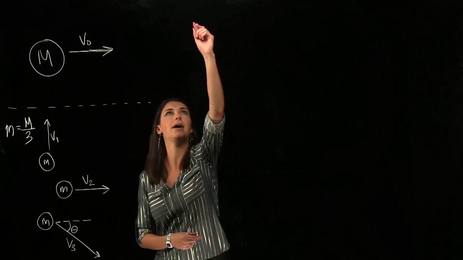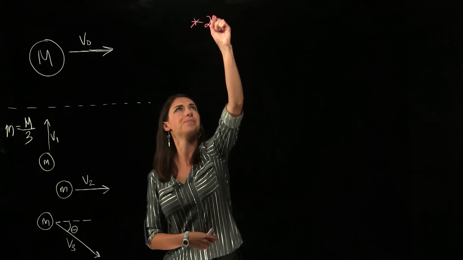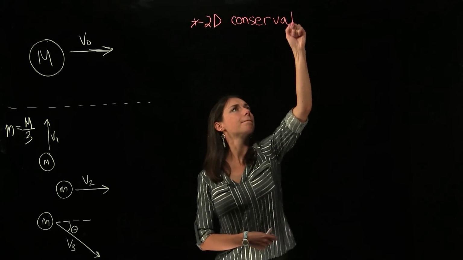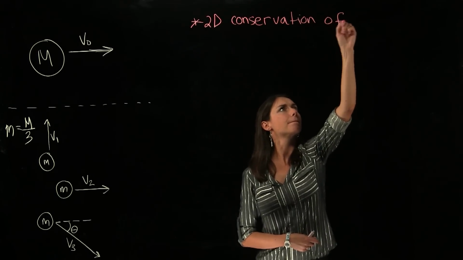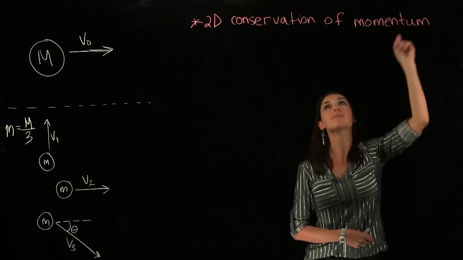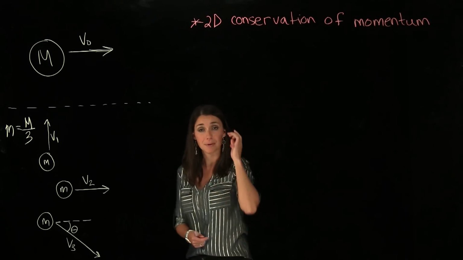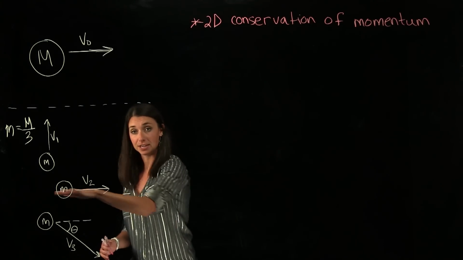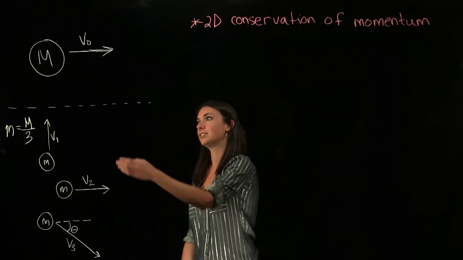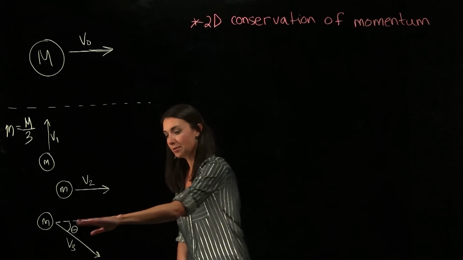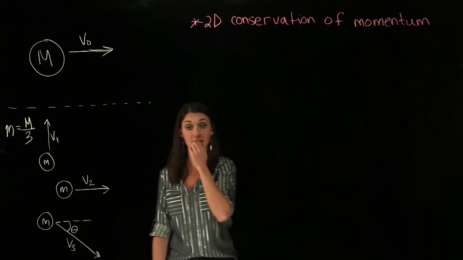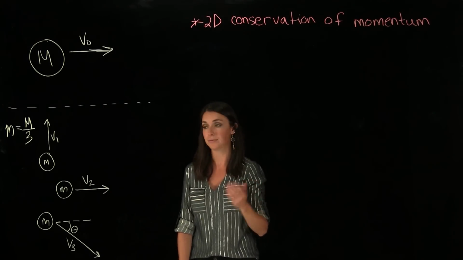We just have to think about 2 dimensions now. So we're going to be able to conserve momentum in both the horizontal direction, since v2 and v naught are horizontal, and we're also going to have things that are going vertically afterwards. So it will be conserved in both of those dimensions.